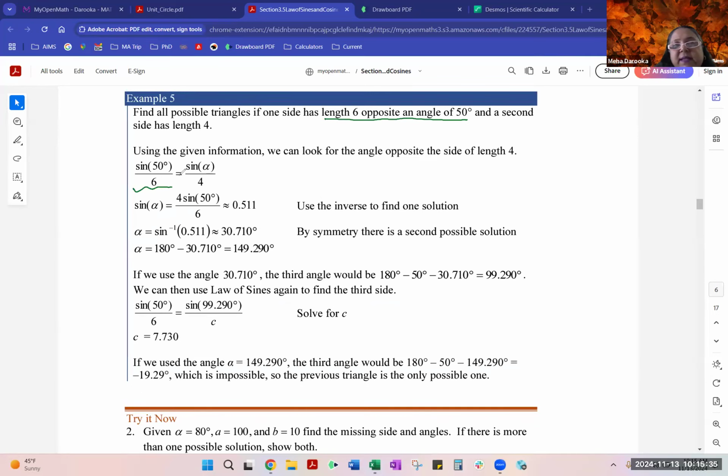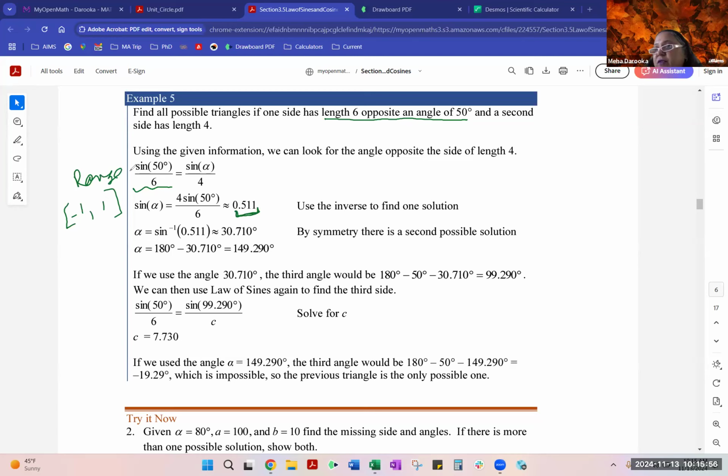So now we go ahead, same thing, cross multiply, get sine of alpha by itself. And you will see in this case, your sine value, or the simplified answer, is coming out to be 0.511, which is of course well within that range of -1 and +1, right?